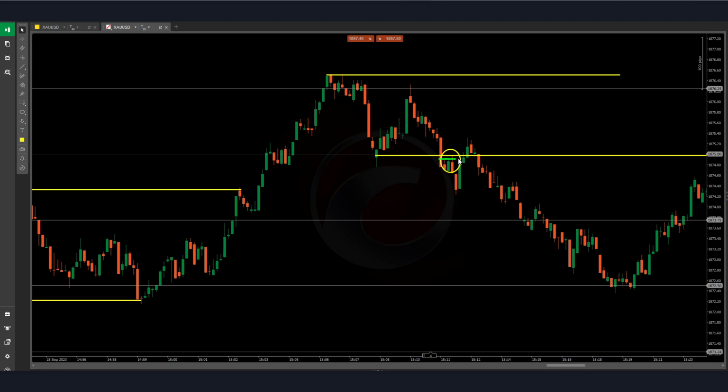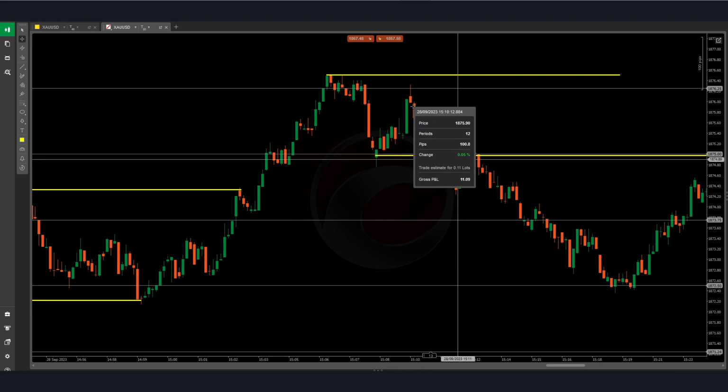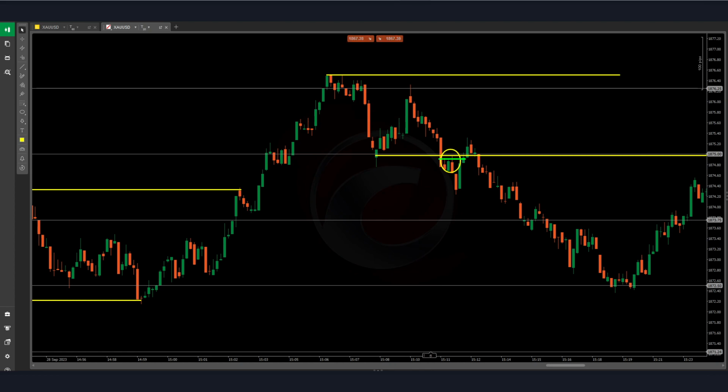Again, this is over here at this bullish candle. The stop loss, 10 pips, will be, let's see, yeah, okay, below this candle.